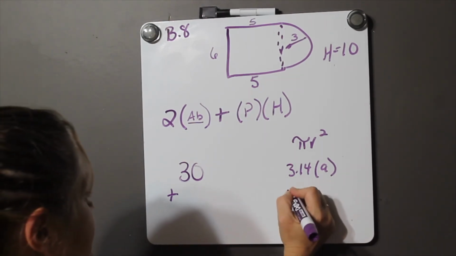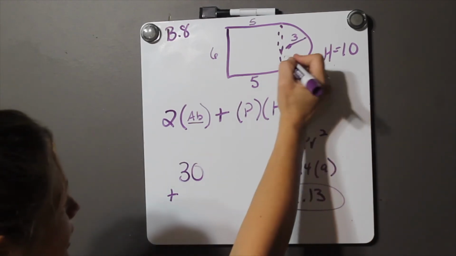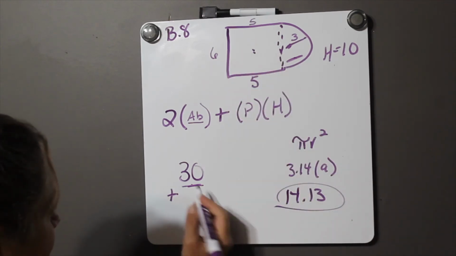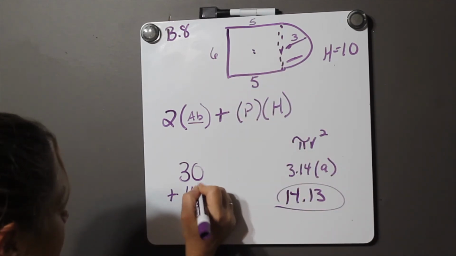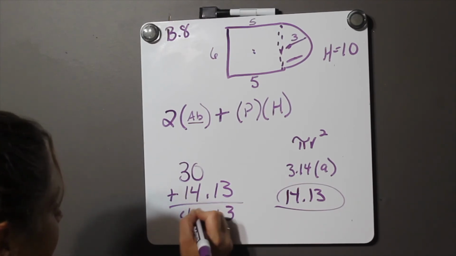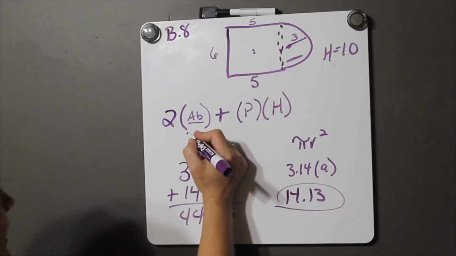So we get 14.13. That's the area of this half circle. This 30 is the area of this rectangle. We're going to add those together. We get 44.13. Alright, so that's going to be the area of the base.